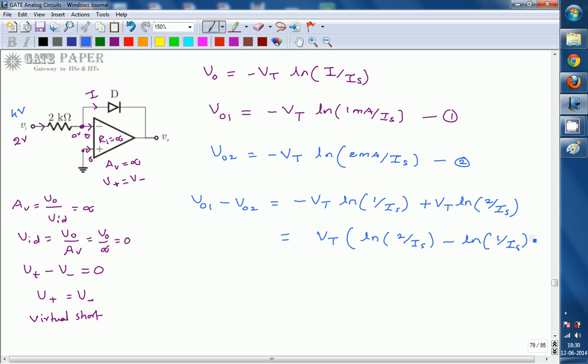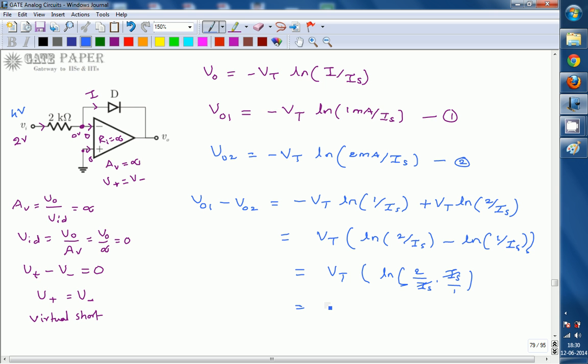Since ln A minus ln B is ln A by B, we write ln of 2 by Is times Is by 1, and the Is cancels.